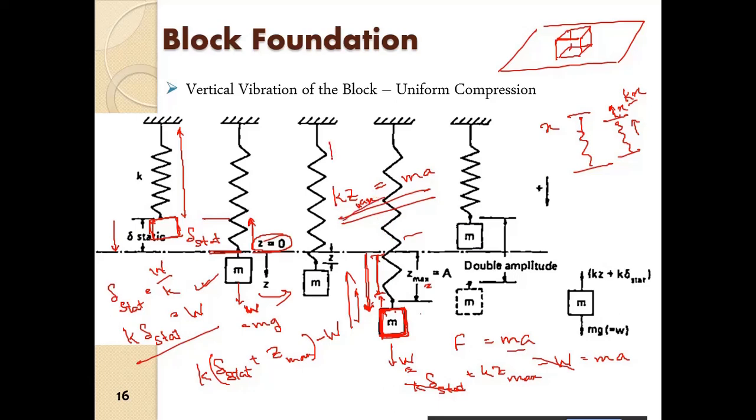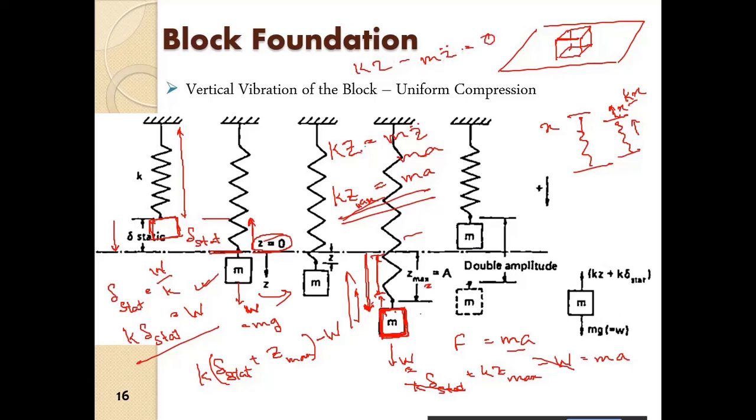So K into Z, which is the force applied by the spring on the mass, equal to the double differentiation of the displacement, or m into a. Ultimately we can say Kz minus mz double dot is equal to 0.